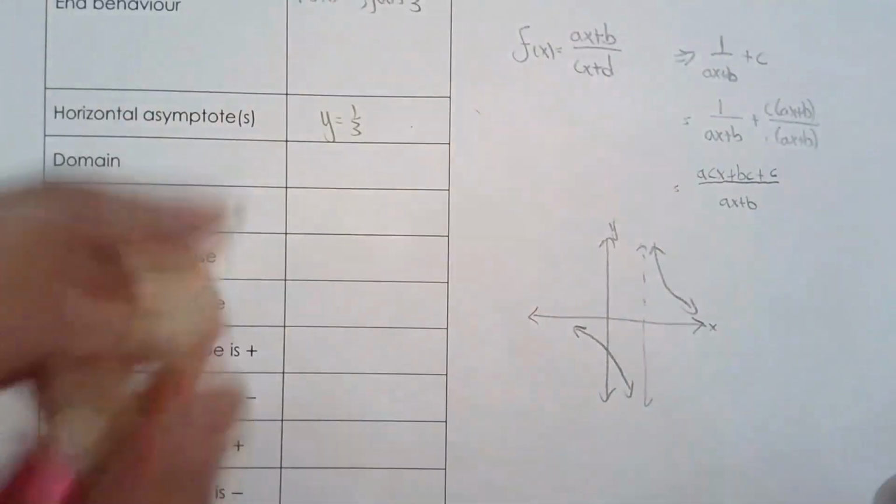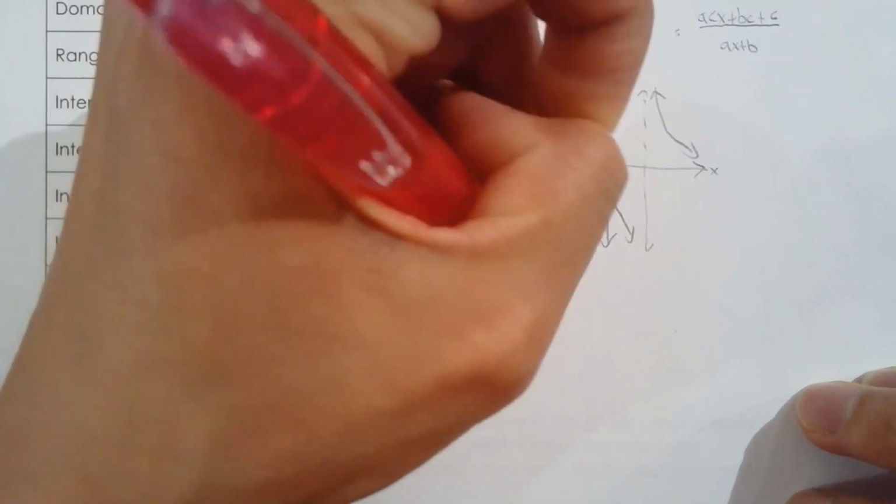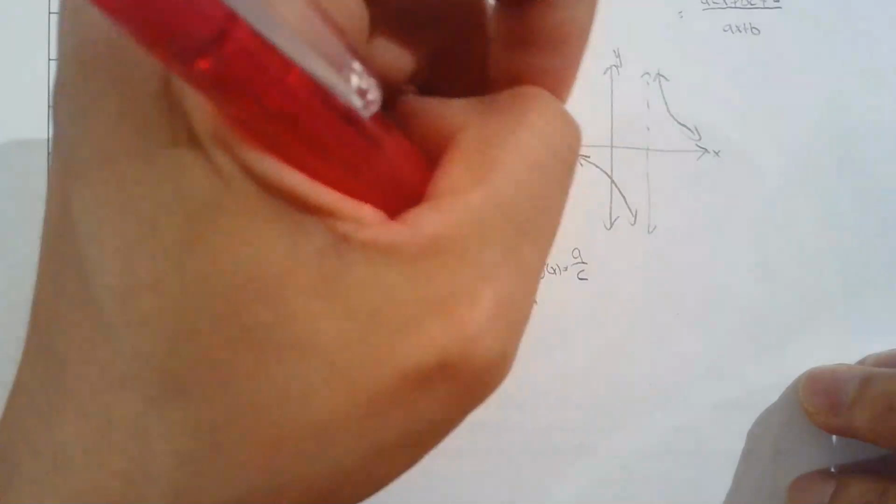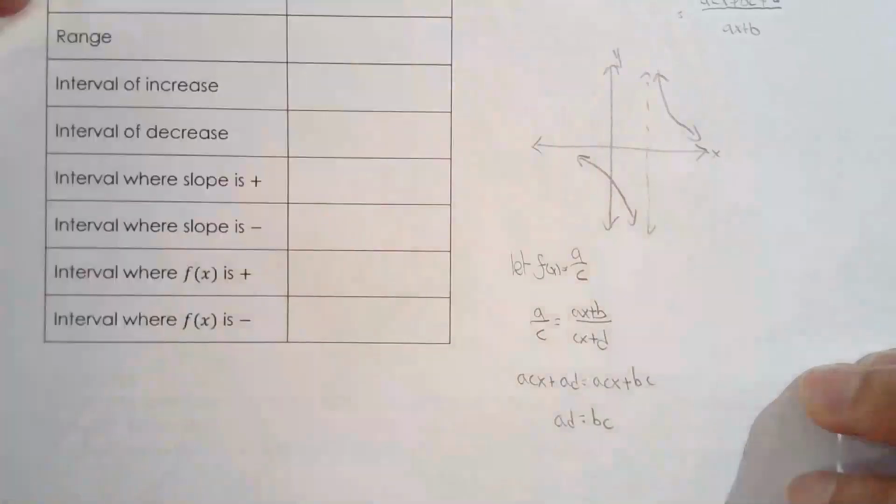Another way is letting f of x equal a over c, which is the equation of the horizontal asymptote. And hopefully we'll prove that this equation has no solutions. And guess what? AD equals BC.